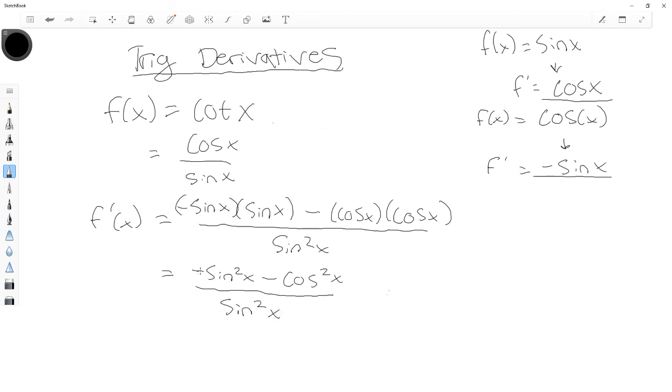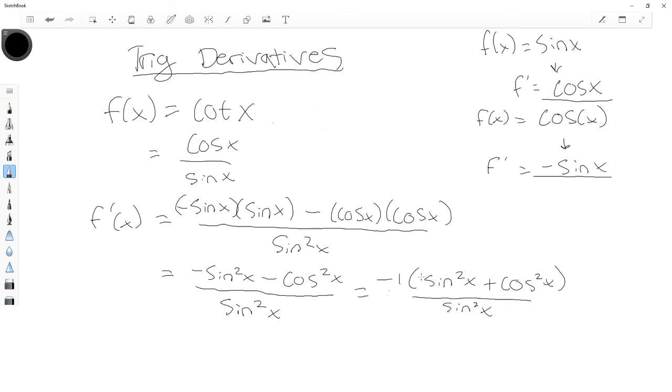And we can factor out a negative 1 here to make sine squared x add to cosine squared x, to make it 1. Negative 1 times sine squared x plus cosine squared x, all over sine squared x.